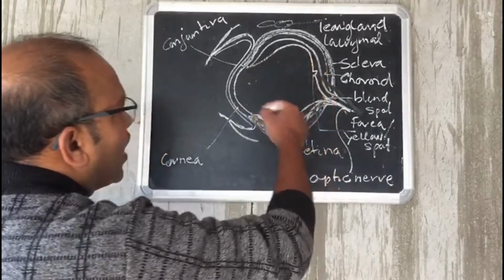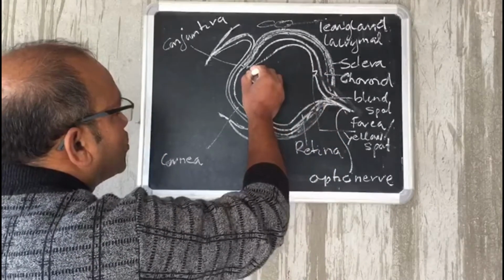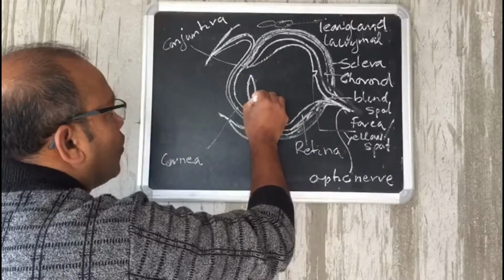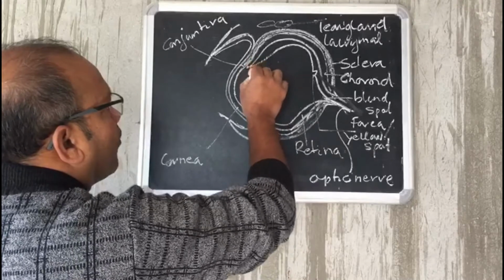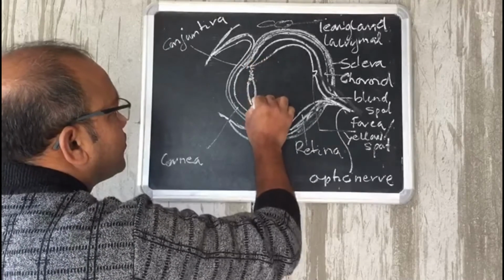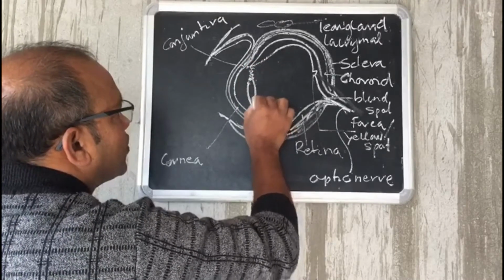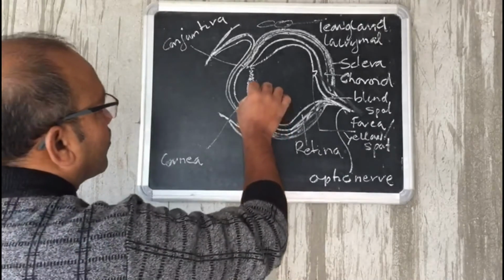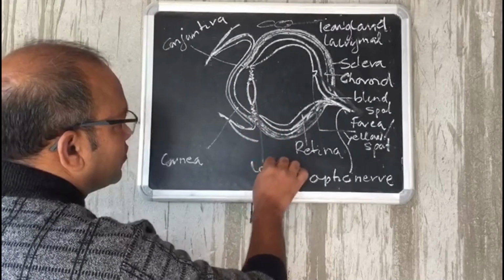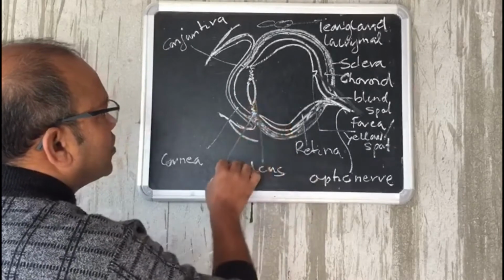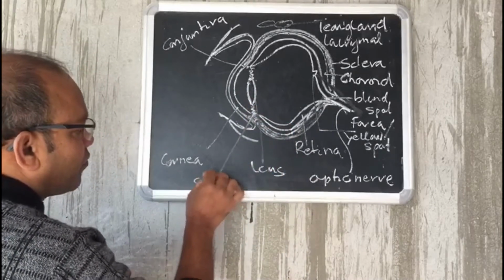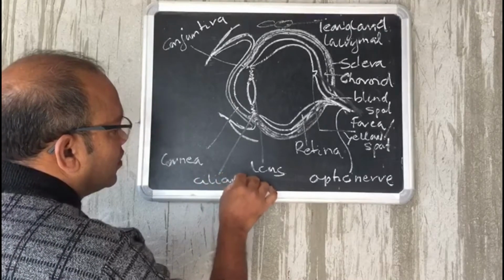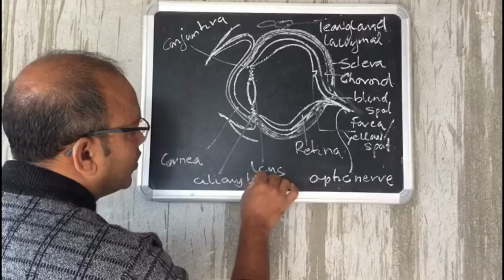Now, the entire eyeball is divided into two chambers. We have a biconvex lens, and the ciliary body.